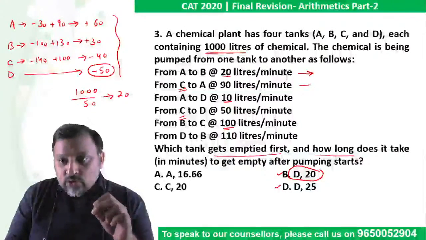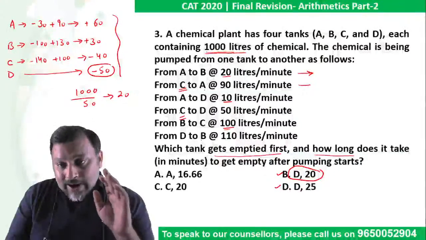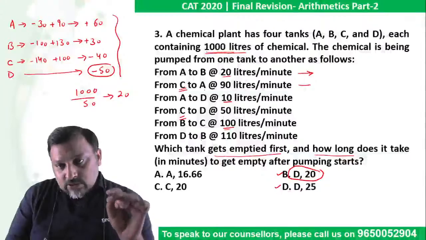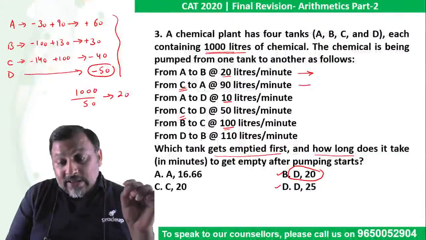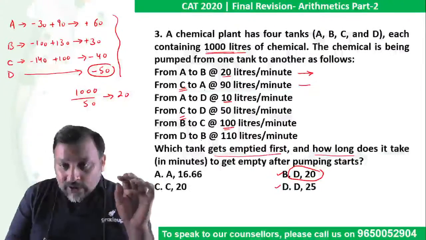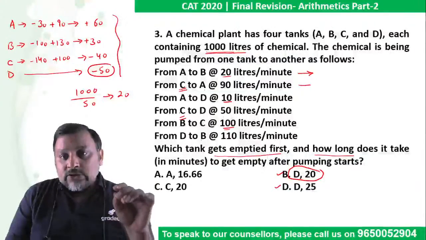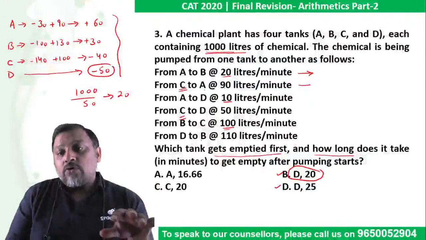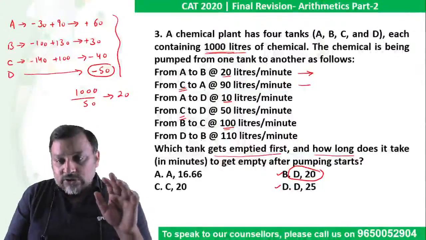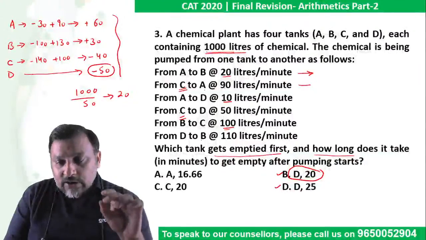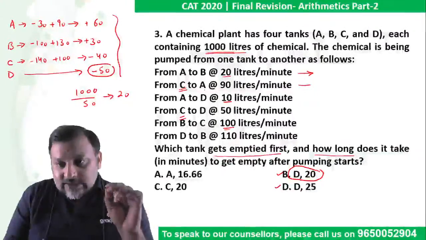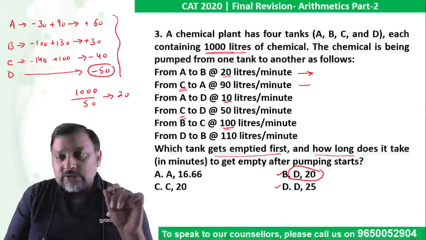It is for those students who are writing CAT this year, that means who are writing CAT on 29th November. If you are writing CAT next year, this session is not for you. The difficulty level of questions is not very low. The questions are not very basic. We are discussing actual CAT level questions.